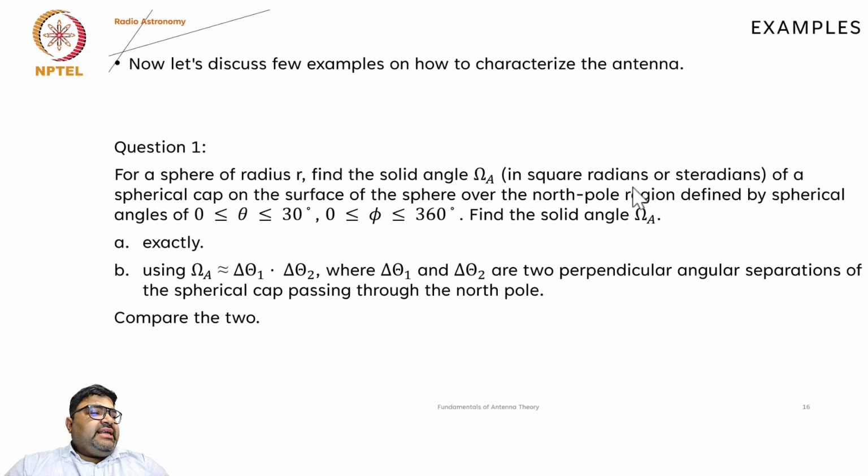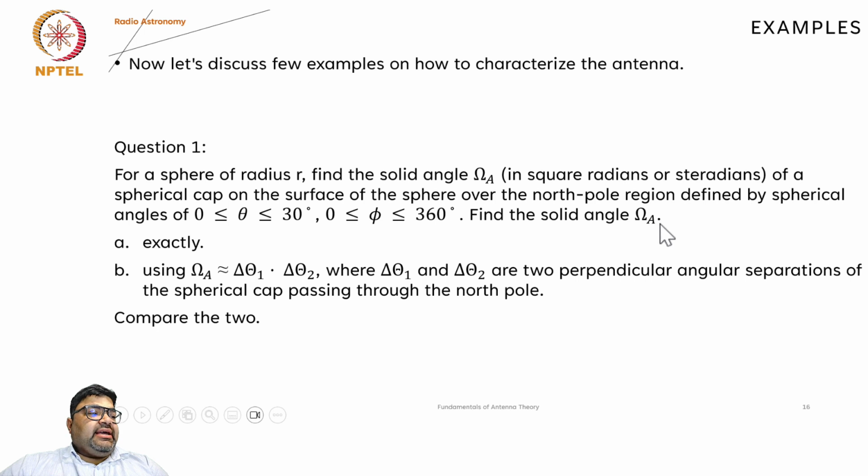The first one we are taking: for a sphere of radius r, find the solid angle omega A in square radians or steradians of a spherical cap on the surface of the sphere over the North Pole region, defined by spherical angles theta 0 to 30 degrees and phi 0 to 360 degrees.